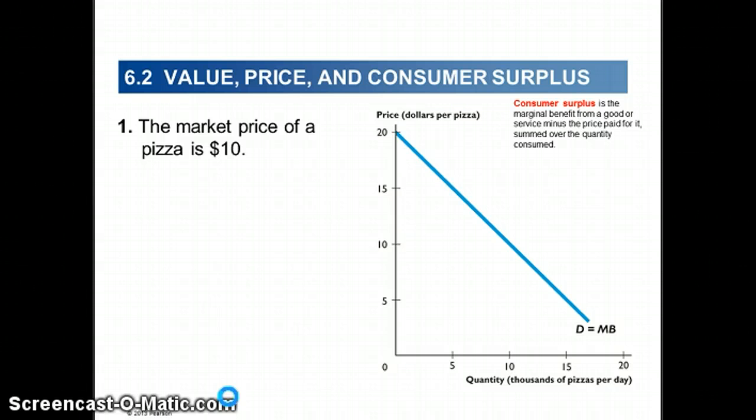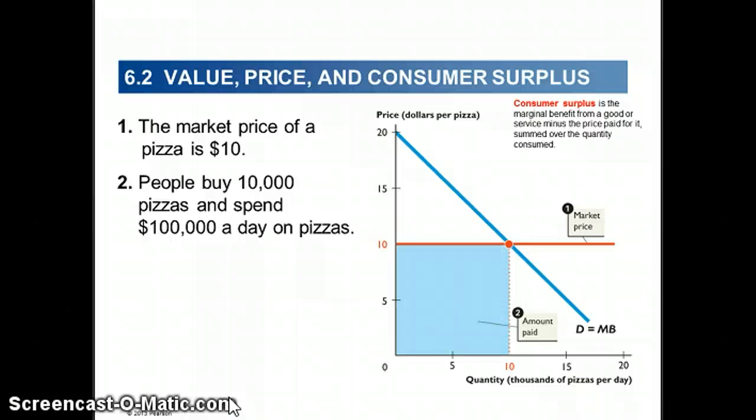For example, on this curve we have the market price of 10. The equilibrium price is 10 per pizza, and at that price people buy 10,000 pizzas per day. So the amount paid in total is the area of this square.